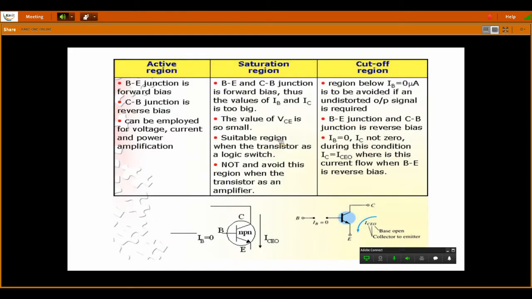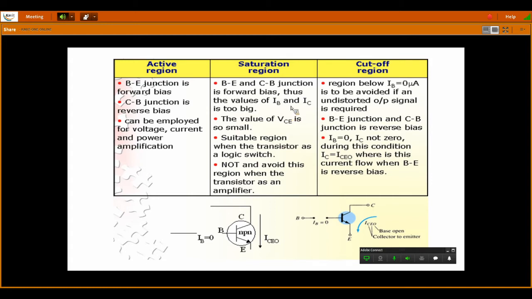Next, these are the three regions. In your active region, the base to emitter junction is forward biased and the collector to base junction is reverse biased, and it can be employed for voltage amplification, current amplification, as well as power amplification.